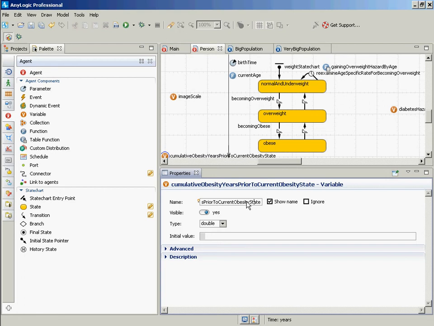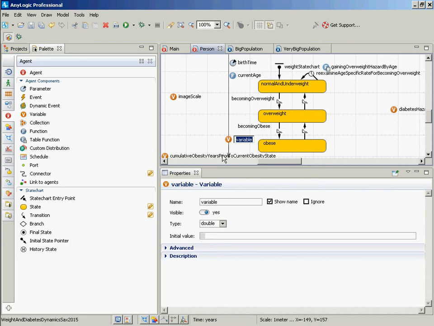It's going to be entry time of most recent obesity state. Oh gosh, that's horrible. I don't like that name at all. Entry time of most recent obesity state.